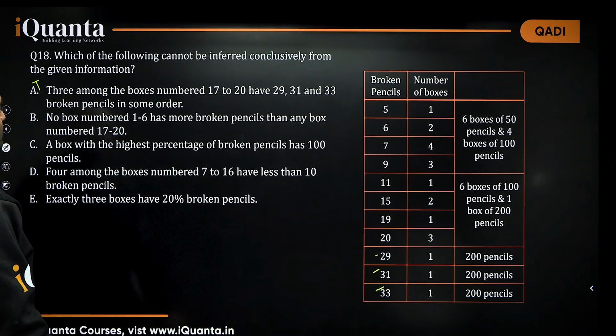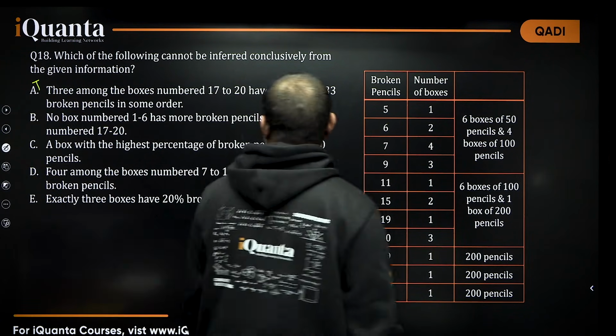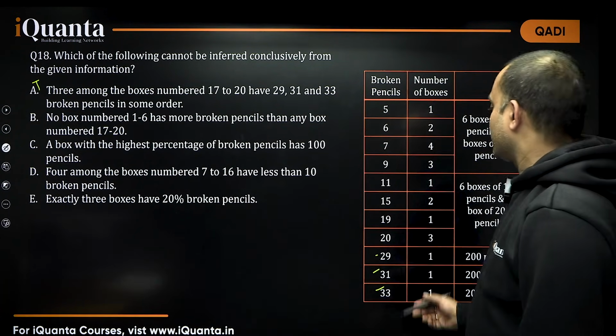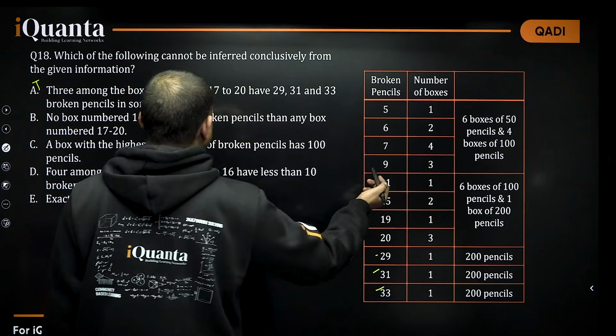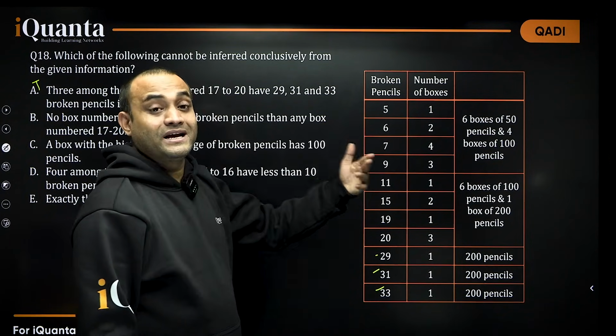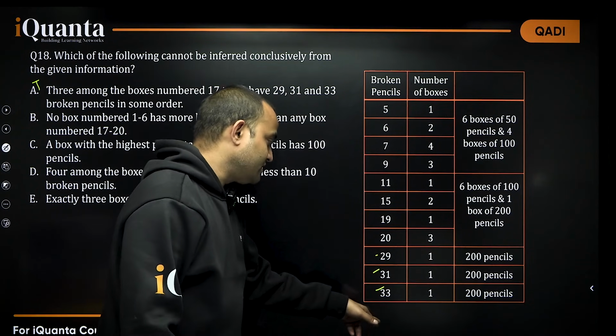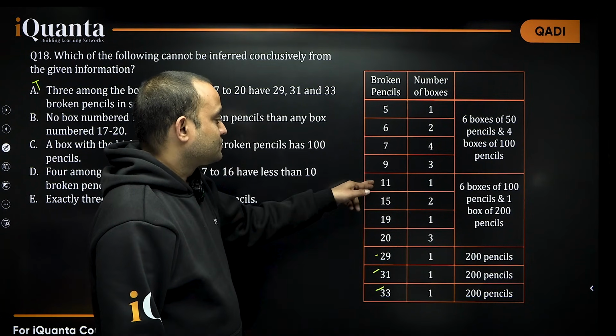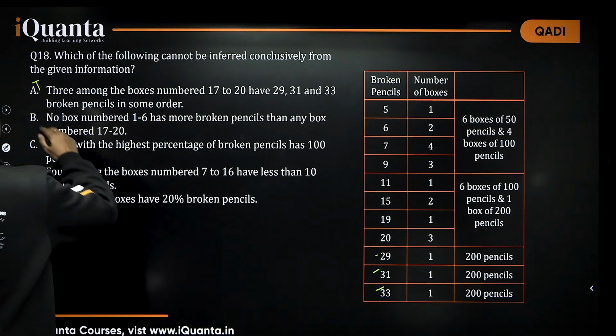No box numbered 1 to 6 has more broken pencils than any box numbered 17 to 20. Of course, that is true. All the boxes numbered 1 to 6 can have 5, 6, 7 or 9 broken pencils, but 17 to 20 will have at least 11. So that is also true.